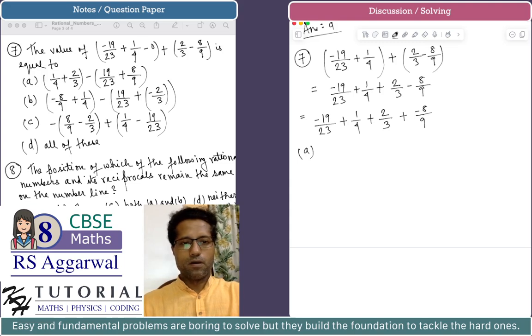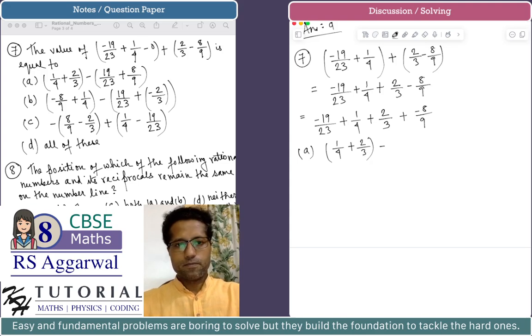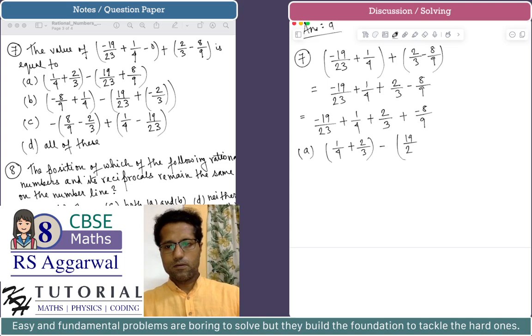So choice A is given as 1 by 4 plus 2 by 3 minus 19 by 23 plus 8 by 9.